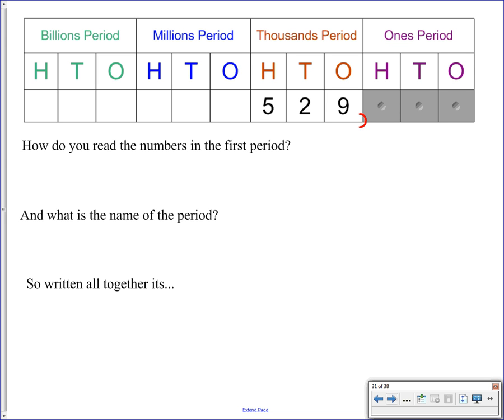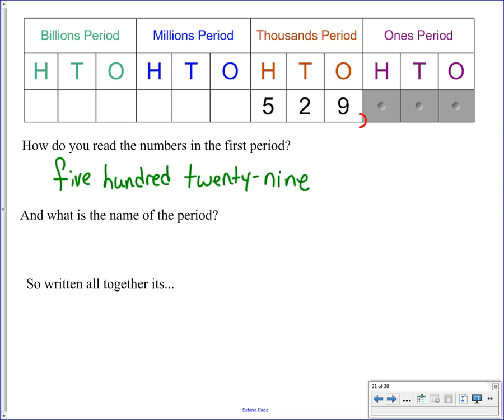Well, I just want to focus on the thousands period for a second. So how's this number read? I'm sorry, how's this first period read? It's read as 529. The number is read as 529. And what's the name of that period?